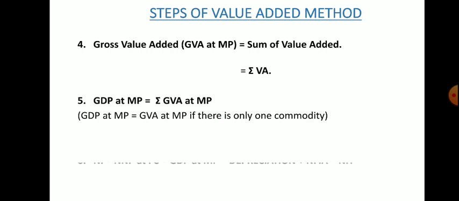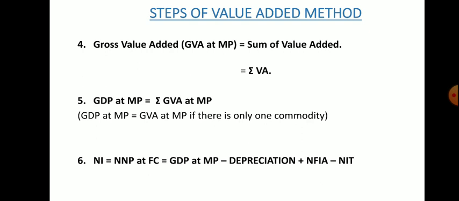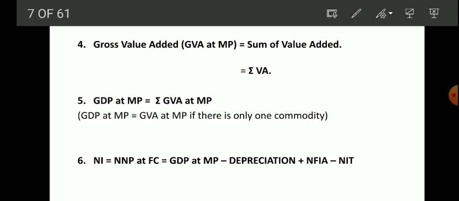Okay. Now, once you get this GDP at MP, you know the golden rule from the previous chapters, and you need to apply that golden rule here. Your main motive is what? To calculate the national income, that is NNP at FC. So you have to convert this GDP at MP into NNP at FC.